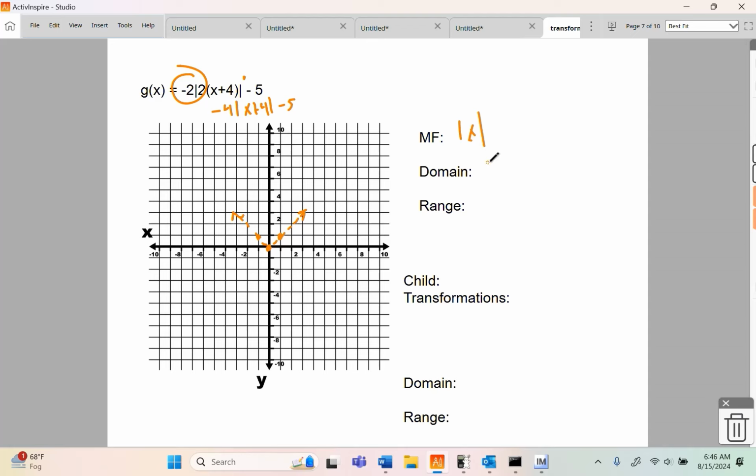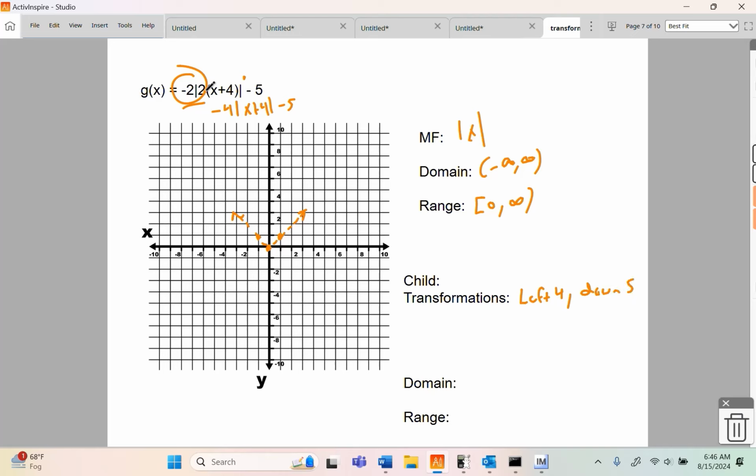Domain of that thing is going to be negative infinity to positive infinity. Range is going to be 0 to infinity. And this thing had a couple of transformations in the beginning. I really just want to focus on these two, but I'll go over all of them so you don't think you don't have to on your homework. We have a left 4, we have a down 5.